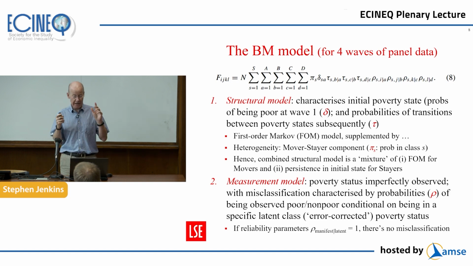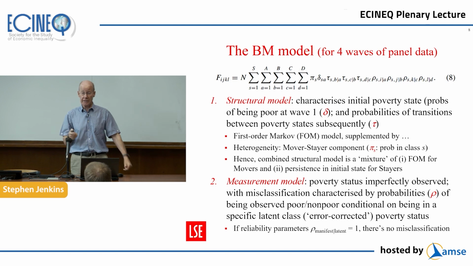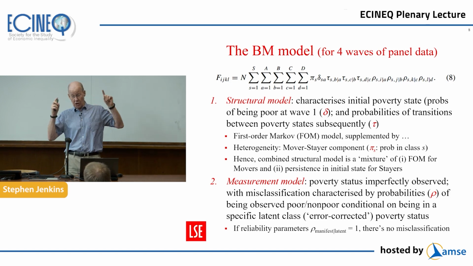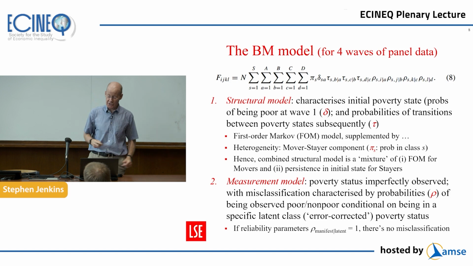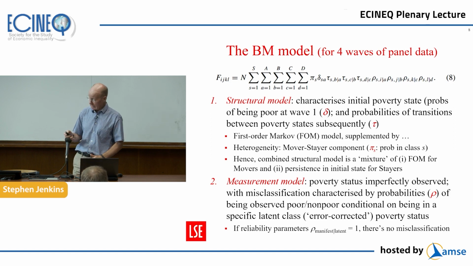as being split into a structural model and a measurement model. Structural model and measurement model, these are their labels, not the way economists would think about structural models. But essentially, the structural model is defining the process by which things happen truly over time. So it's basically characterizing the initial poverty state probabilities in wave 1. So those are the deltas. I'm not sure I can aim this very well.